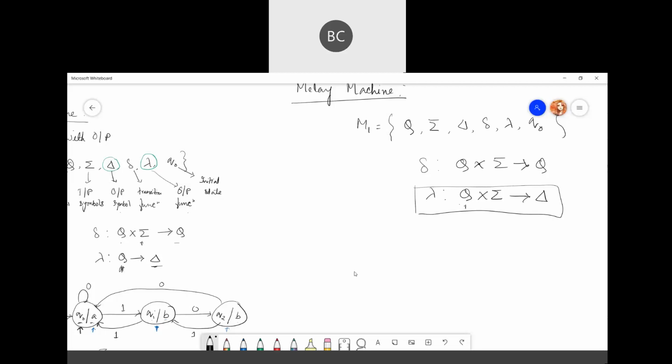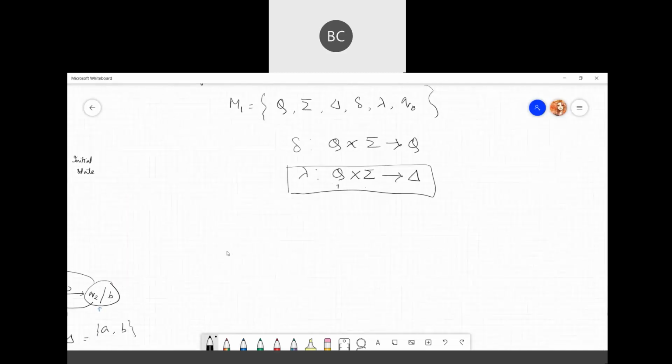So here we can represent a Mealy machine as follows. The state is not associated with any output. Here every input is associated with an output. For example, here I am writing A and 0.